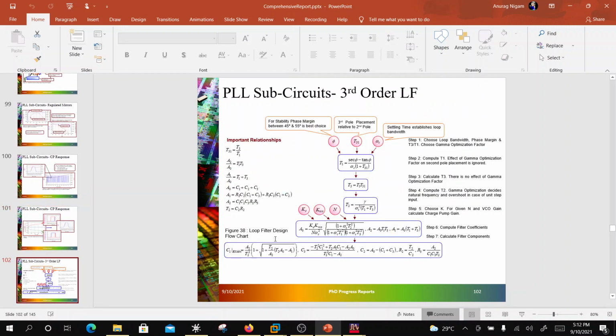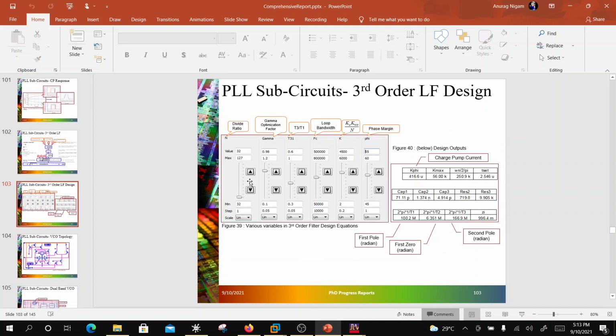And that is controlling the loop. This is the algorithm for computing the component values for the loop filter. This I will cover in detail, how to place the poles, right? How to get a stable loop filter. And this is basically in ADS, programmed like equations, and you can give it various inputs like loop bandwidth, T3 by T1, or basically pole 3 and pole 1 ratio. Then there is a gamma optimization factor, the phase margin you are targeting, and then K phi and KVCO.